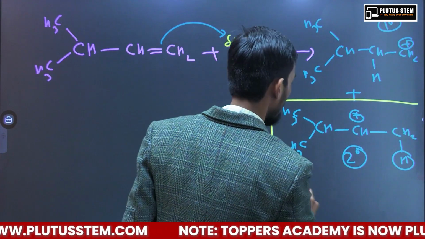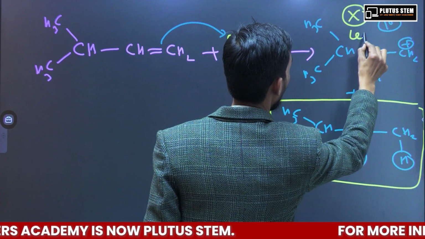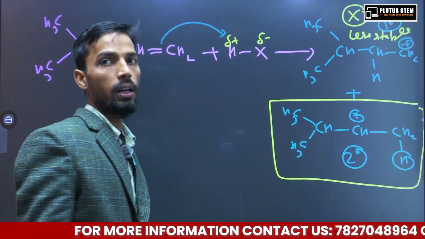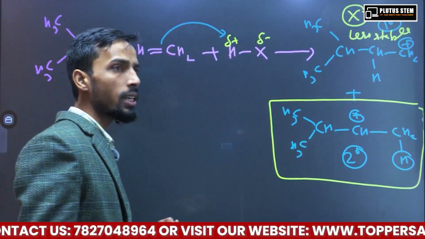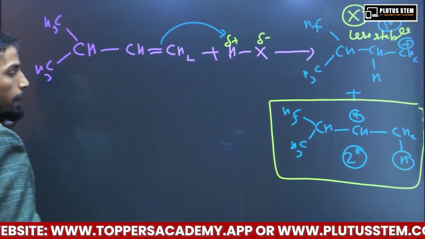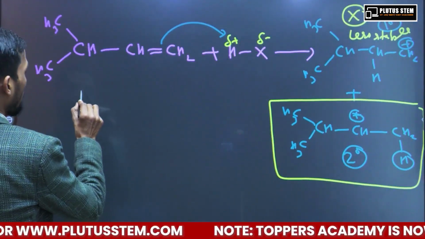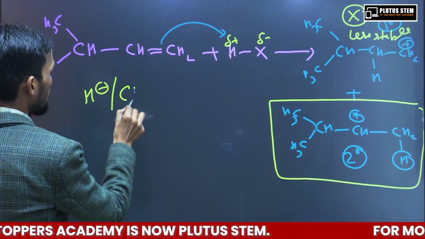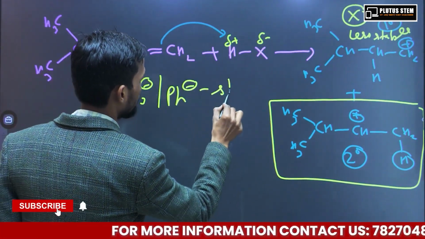The reaction will be proceeding through this, not through this 1 degree, less stable carbocation. Now if you see over here, one more interesting rearrangement is going to take place. If you have studied carbocations with full devotion, then I have told you that carbocations have H negative, CH3 negative and pH negative type of shift.